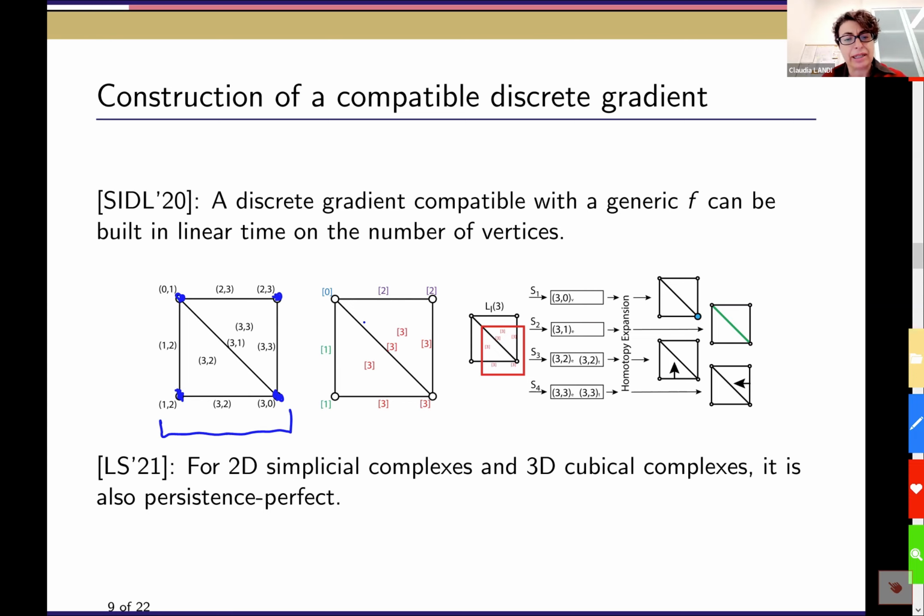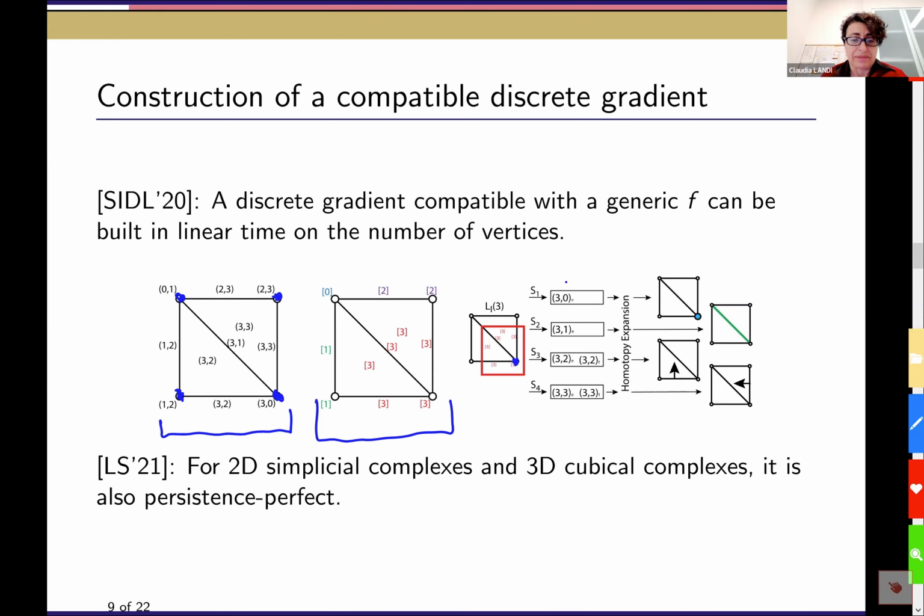And now we can work on this even in parallel, vertex by vertex, taking their lower star, and the lower star can be further partitioned so that in each partition of the lower star of a vertex, we simply apply homotopy expansion. And in this way, we can build a discrete gradient compatible with the generic f in linear time on the number of vertices.